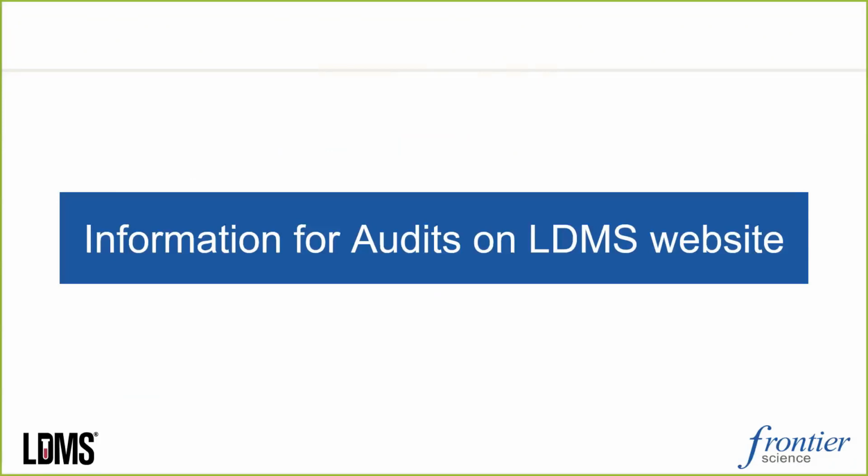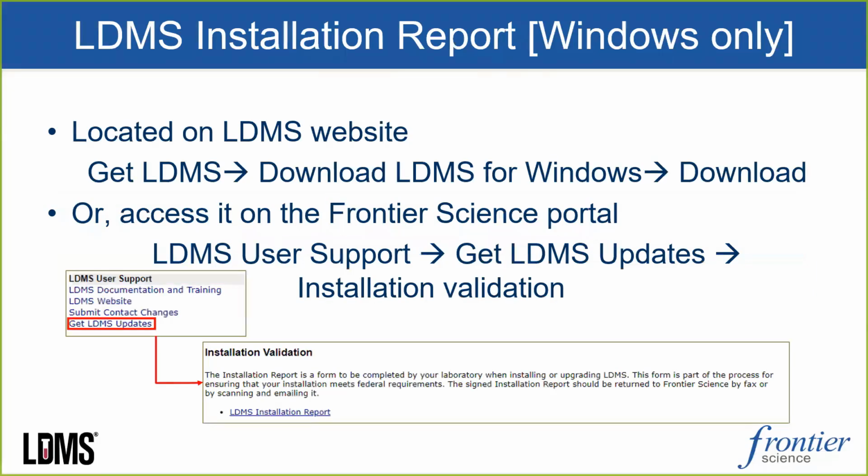So outside of the LDMS, we have further information for audit support available from the LDMS website. So for our Windows laboratory, we have our installation reports. This is available on the LDMS website under Get LDMS, and then the Download LDMS for Windows page.